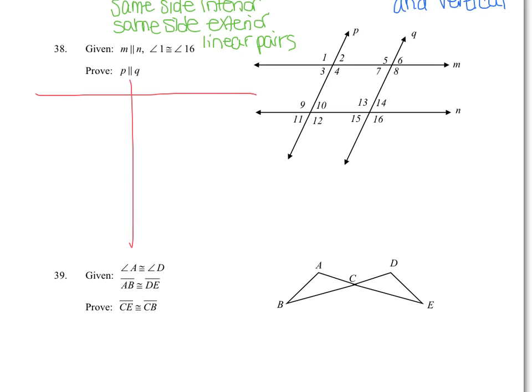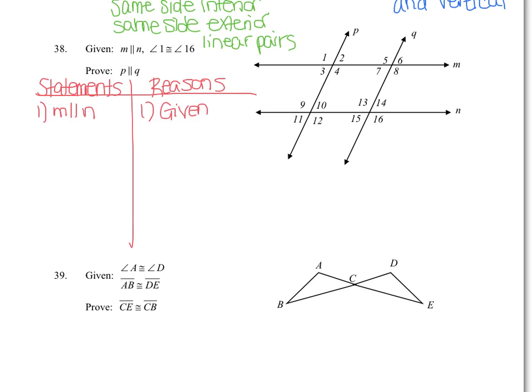We have our statements and reasons. Doesn't really matter whether you pluralize that or not. So the first thing we know is 1, don't forget to number these. M is parallel to N, and my reason for that is given.